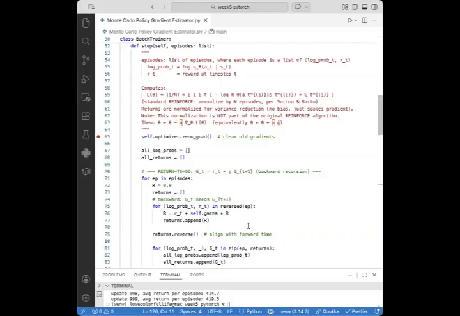Then we reverse the list, so returns align with time order. So we go backwards because G at t depends on G at t plus 1.